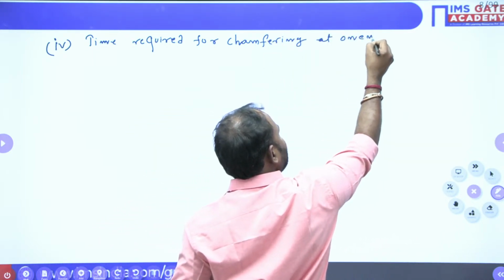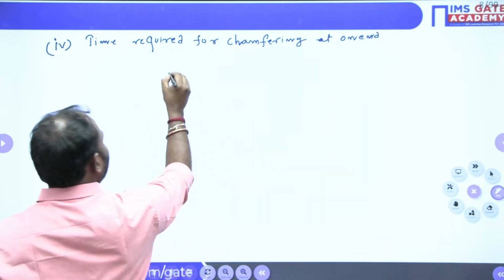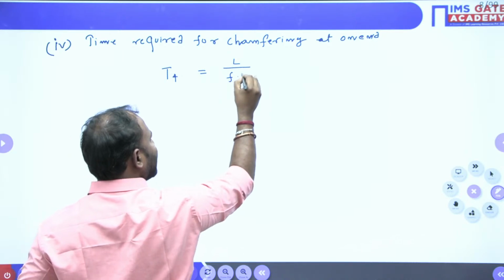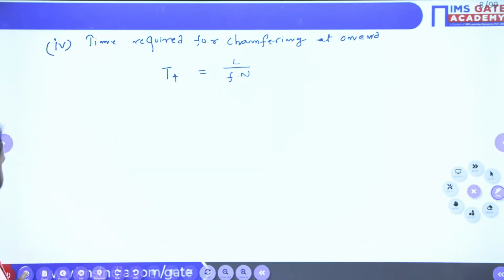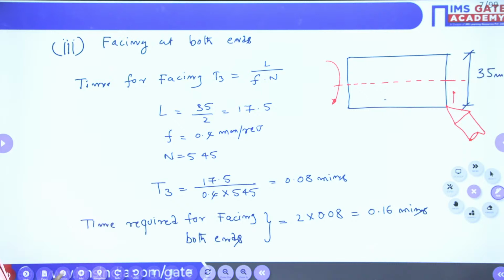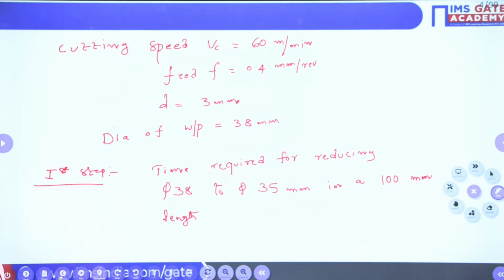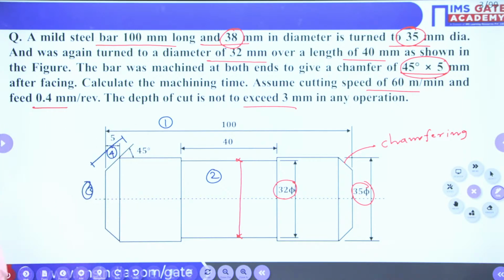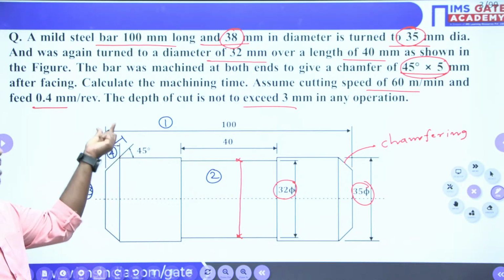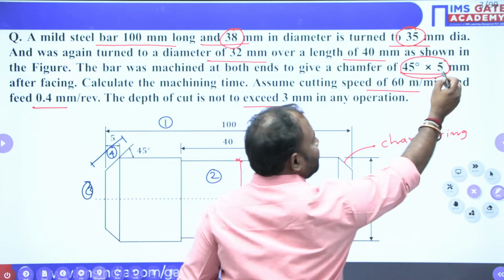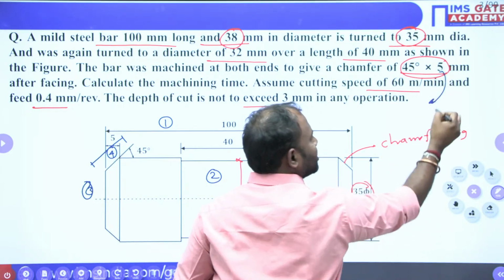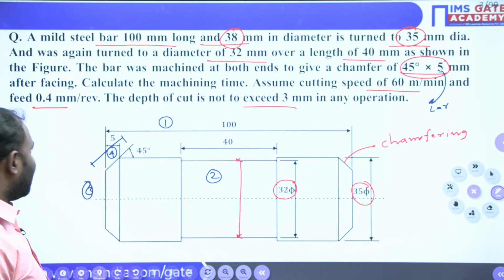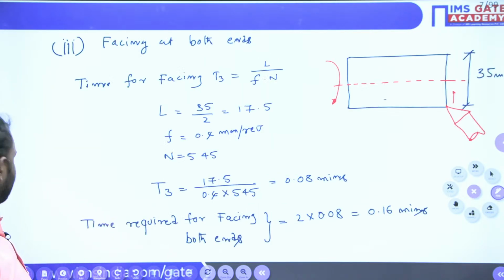Now here, tool travel. So time T4 equal to L by F into N again. Now what is the tool travel here for chamfering? We have to decide how much the tool is going to travel. That is given in the problem, 5 mm. So the radius of the chamfering is 5 mm, so the chamfering radius equals the length of travel.